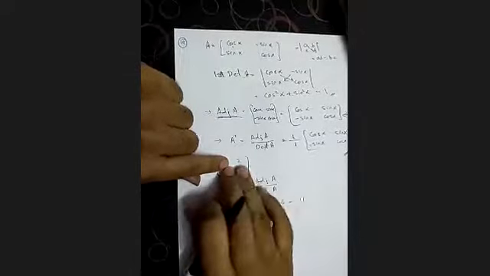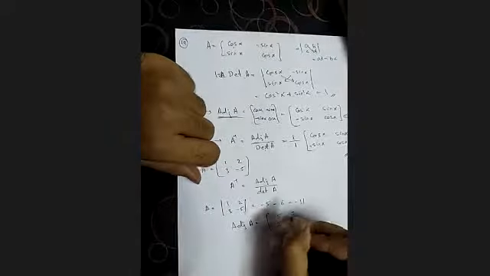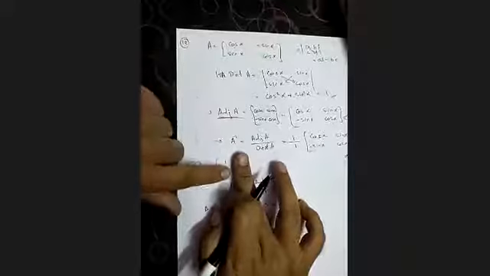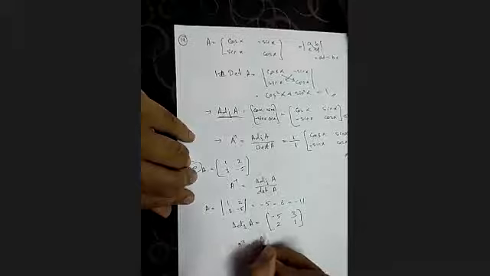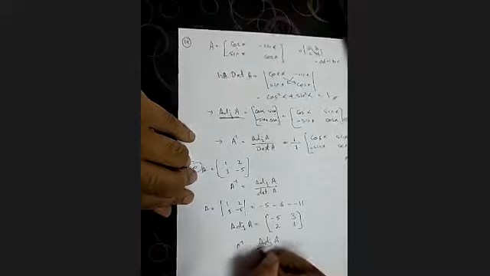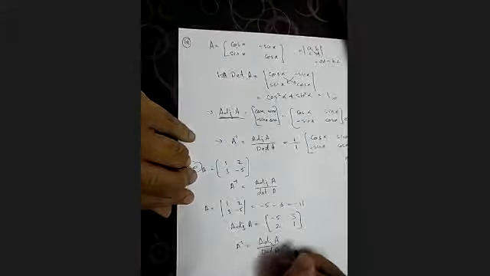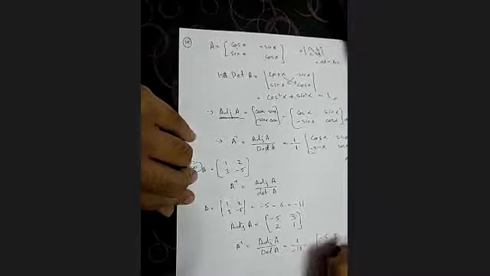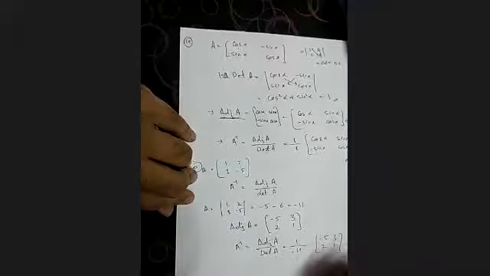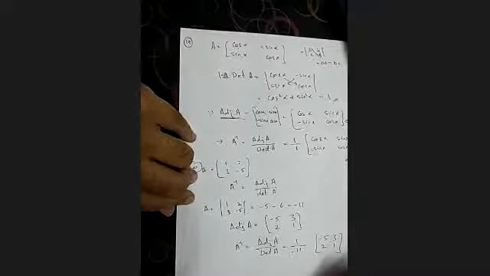What is left? 2. Instead of minus 5, I remove this row and this column. What is left? 1. So this is your adjoint. What is the formula? A inverse is equal to adjoint A by det of A. So det is minus 11, and the adjoint is minus 5, 3, 2, 1.